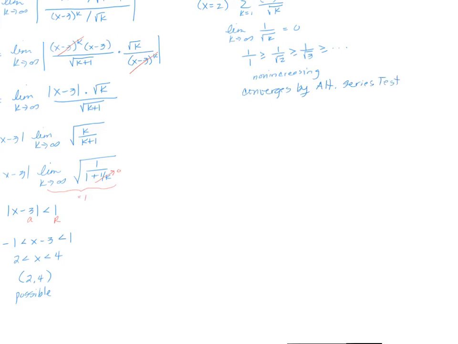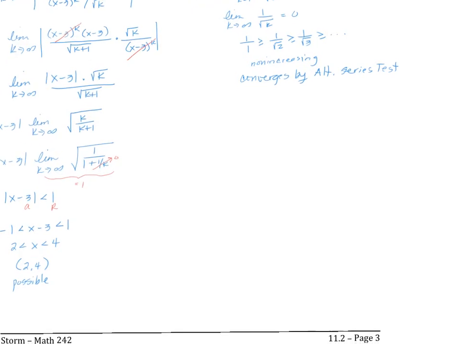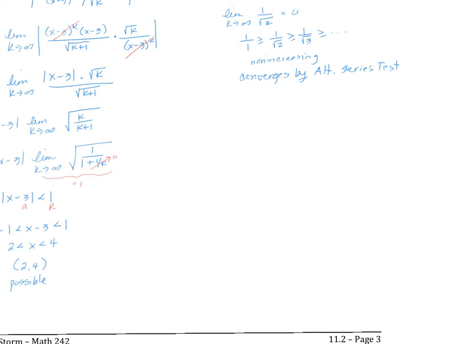So it did converge at 2, which means that when I list my interval of convergence, I can include 2 as an x value that will allow this to converge. So let's check when x is equal to 4. When x is equal to 4, this series from k equal to 1 to infinity would be 4 minus 3, so it's just 1 to the k over the square root of k.